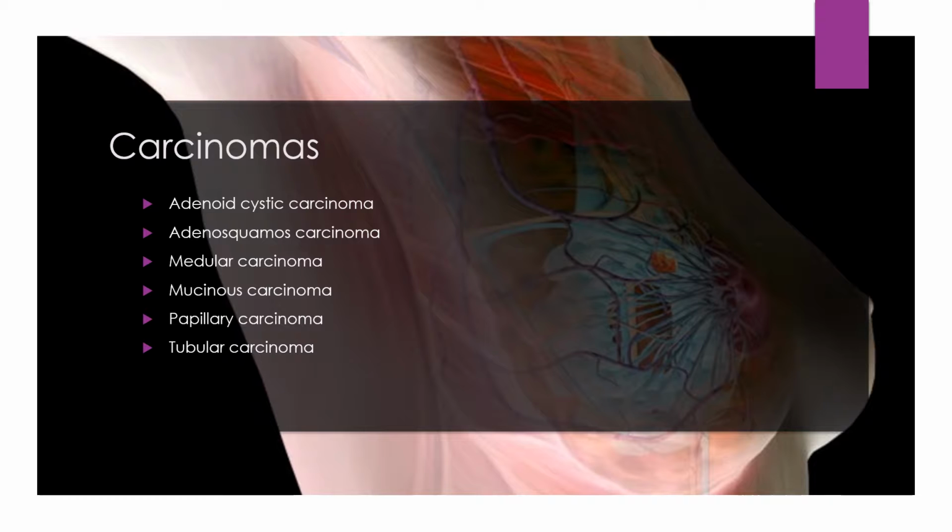These are the adenoid cystic carcinoma, the adenosquamous carcinoma, medullary carcinoma, mucinous carcinoma, papillary carcinoma, and tubular carcinoma. As we can see, they receive their names given the characteristics they show when each one of them is observed under a microscope, as well as the different ways the cells are grouped.